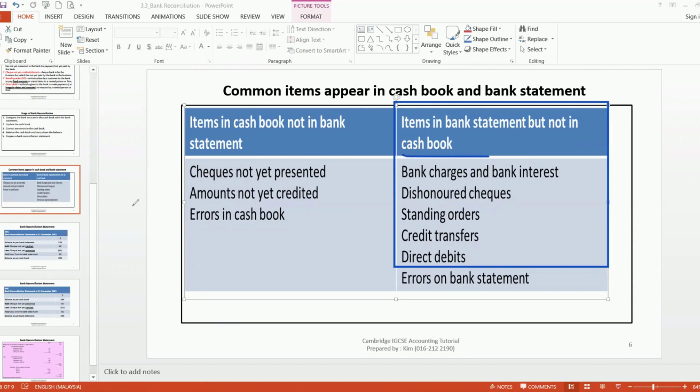Whereas the items that appear in the cash book but not in the bank statement, for example, check not yet presented, amount not yet credited, you will show in the bank reconciliation statement. This error on the bank statement also will appear in the bank reconciliation statement.